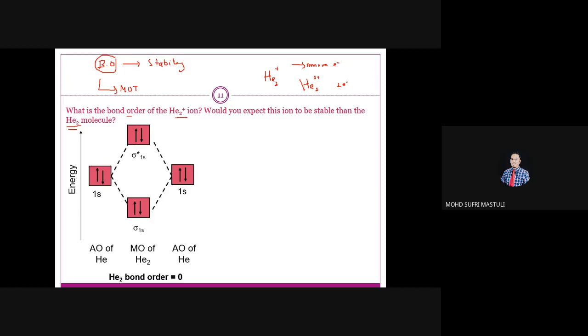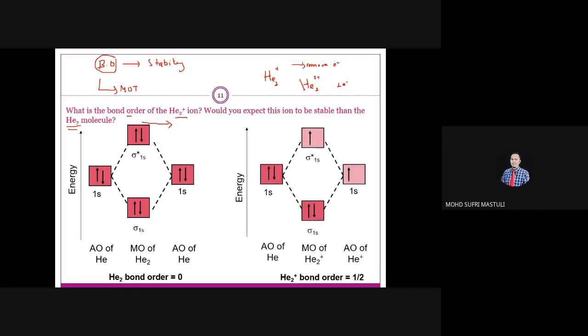Bila kita nak buang one electron, we should remove the electron from the unstable orbital. Unstable orbital maksudnya adalah yang mempunyai energi yang tinggi. So kita kena buang daripada sini. So dia akan jadi macam ni lah. Maksudnya kita dah buang satu, tinggal satu.